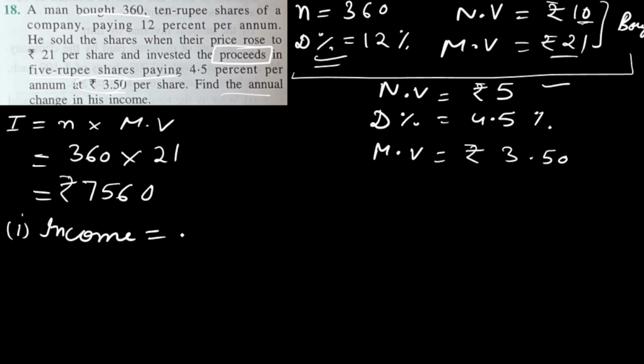Income is equal to number of shares into dividend percent into nominal value. Right? Income, dividend, return, profit, all are same. So you don't have to get confused. Only three formulas are there. You just have to understand the terms.